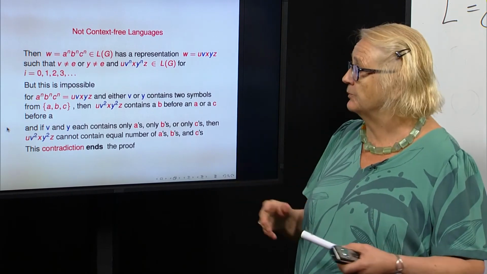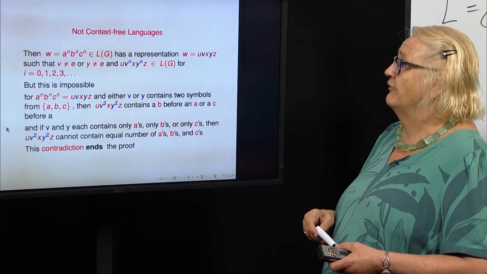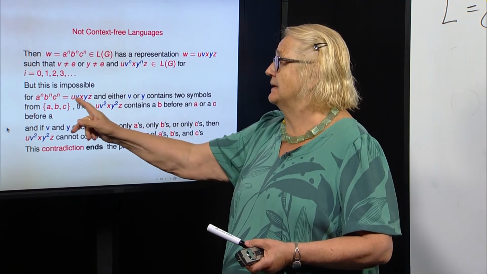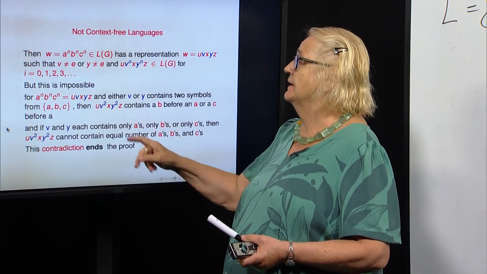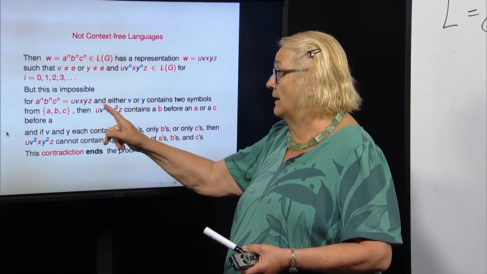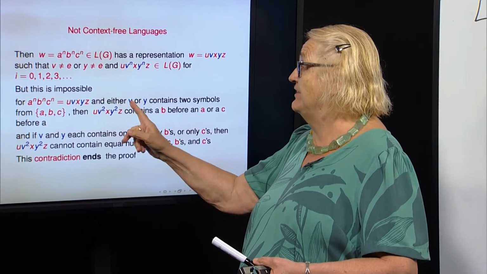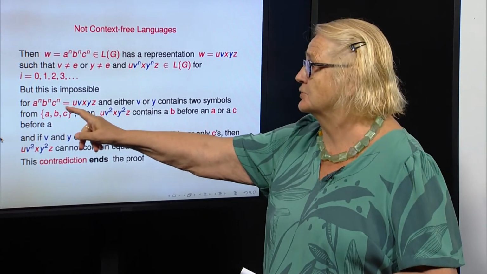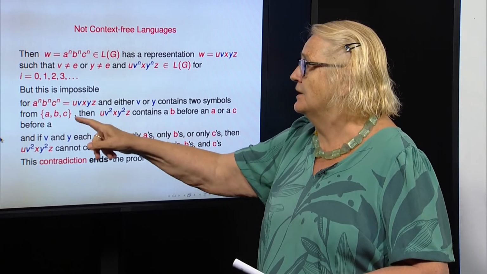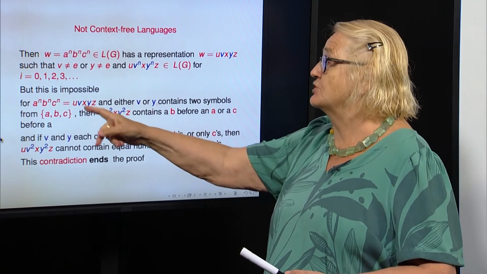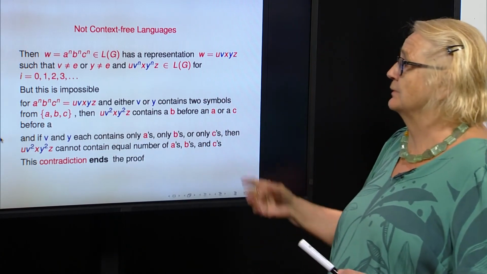And that is impossible, because if v or y contains two symbols from a, b, c, when you split this, one or the other has to contain two symbols.